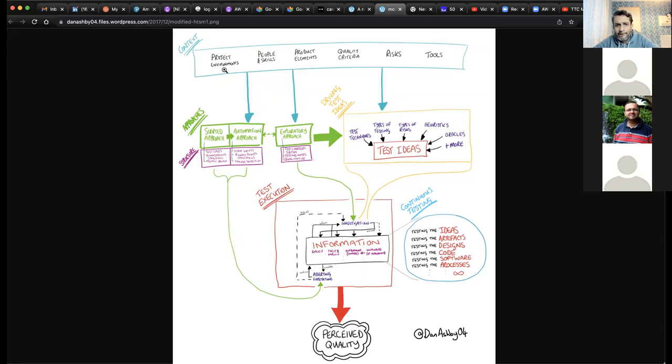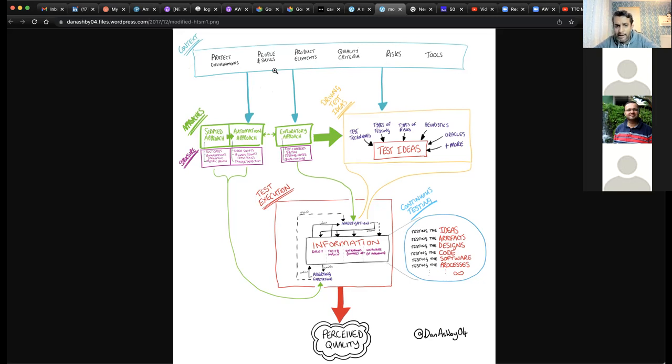So if you notice, the aspects that were there in the heuristic test strategy model, such as project environments, product elements, quality criteria, everything has been listed here, and the box is labeled with context. So all of them are context specific.